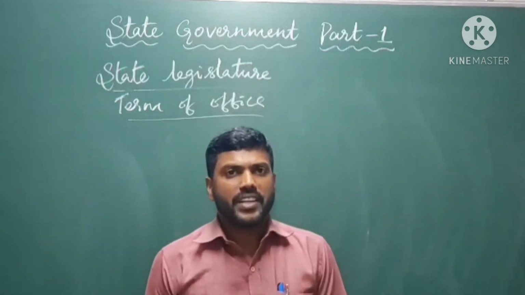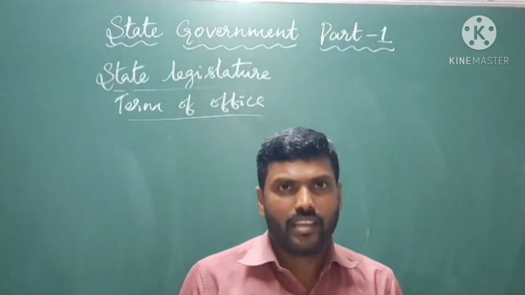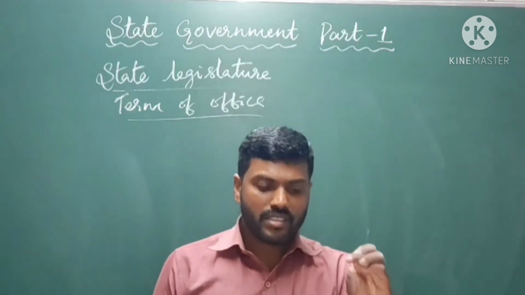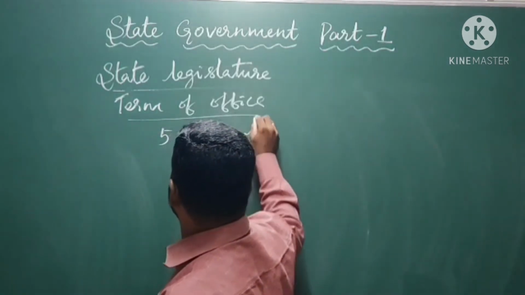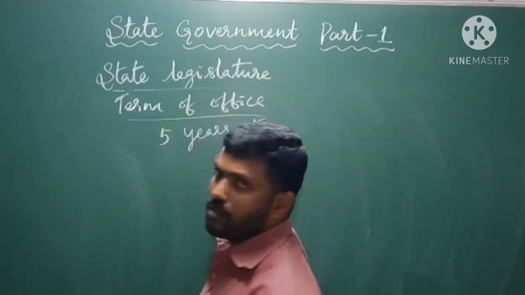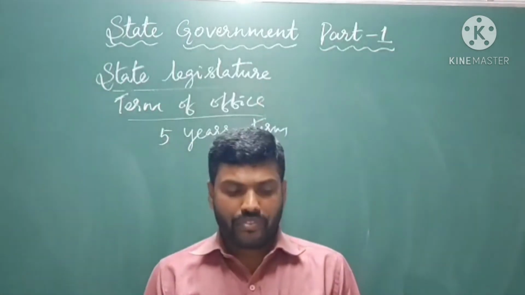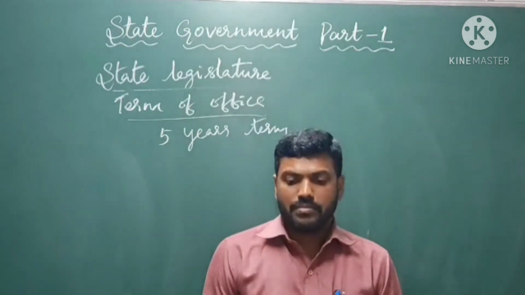The term of the office of State Assembly or Vidhana Sabha, or the term of the MLA, member of Legislative Assembly, is 5 years. Okay, 5 years only. 5 years term. Okay, and assembly may dissolve before expiring the full term.